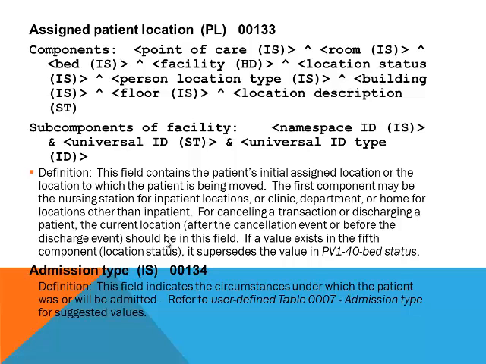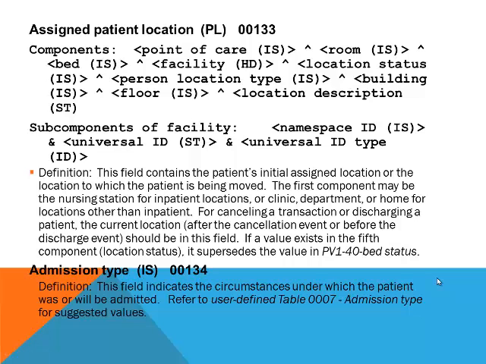Assigned patient location is another field. This field contains the patient's initial assigned location, or the location to which the patient is being moved. We have several components here. The first component can be the nurse station for an inpatient location, or a clinic or department, or even a home for a location other than inpatient.